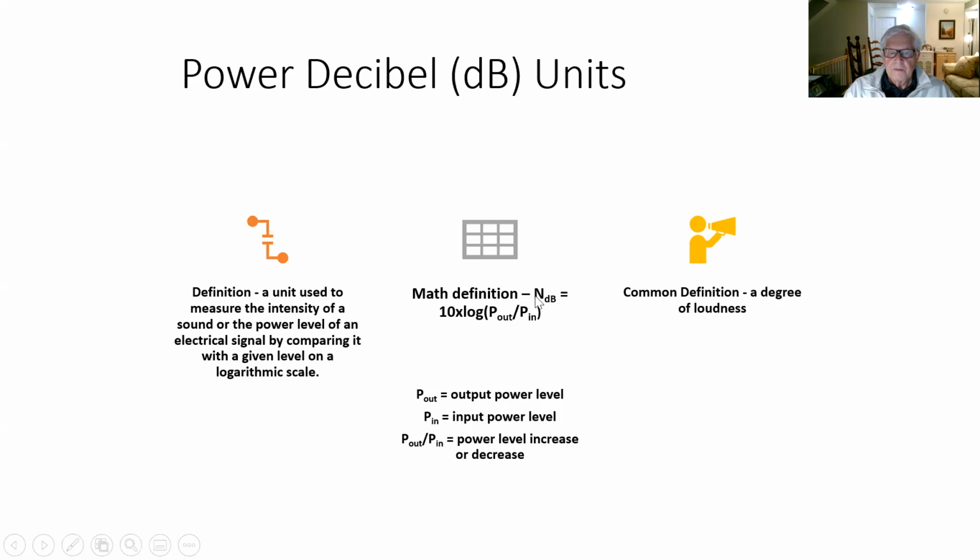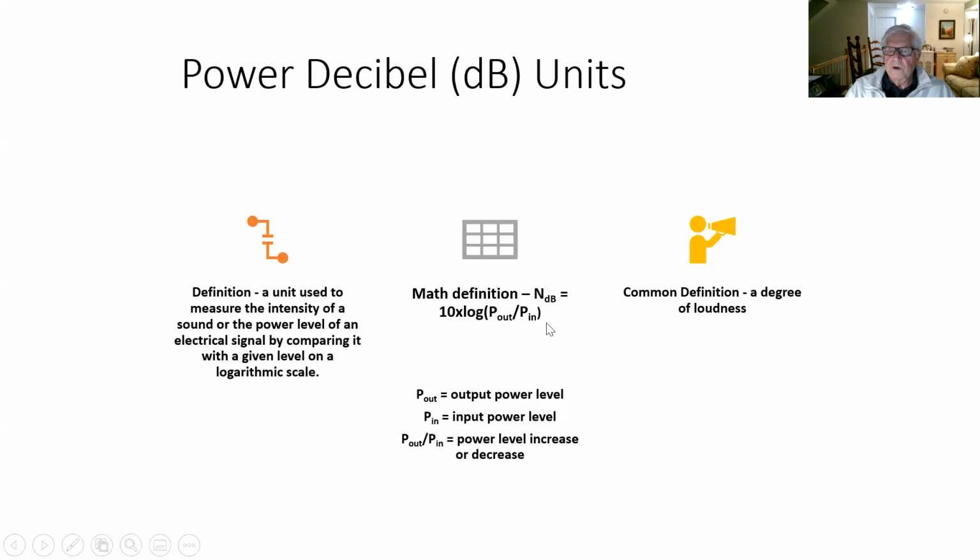If P out is smaller than P in, we get a negative number because it's logarithmic. So P out is the output level, P in is the input level, and P out per P in is the power level increase or decrease.